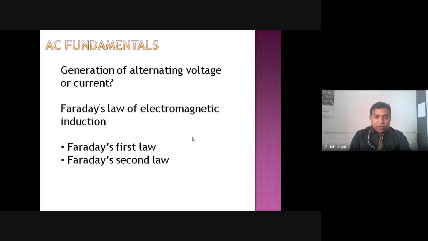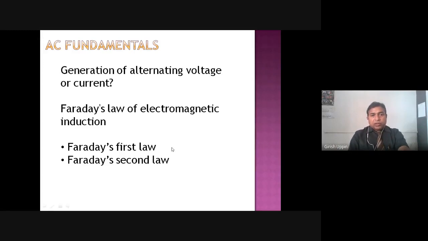What is Faraday's first law? So Faraday's law talks about electromagnetic induction. So there is electricity involved, a magnetic field involved, and an induction. So it induces. That is the concept on which electricity is generated.